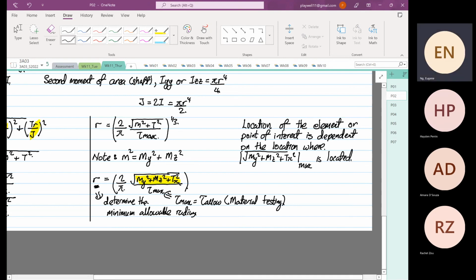Okay, so we have to take the square of the moment and the torque and the whole thing square root, and we have to determine where is this location based on its maximum amplitude.